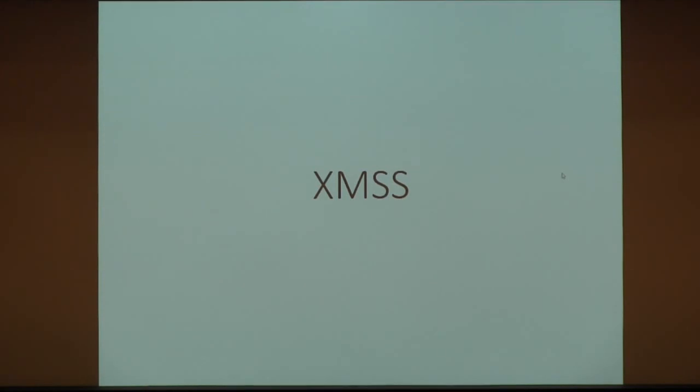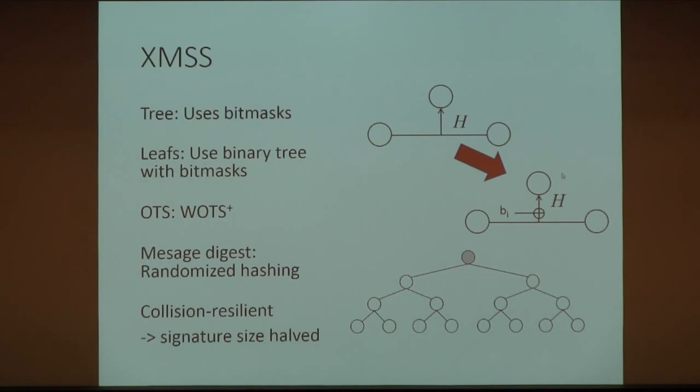For Merkle signature schemes, the latest scheme is XMSS. And I will only sketch the changes that lead to this scheme. So the overall goal was to get a collision resilient scheme. So we now saw at several points that you actually would need collision resistance if you do the basic Merkle signature scheme.